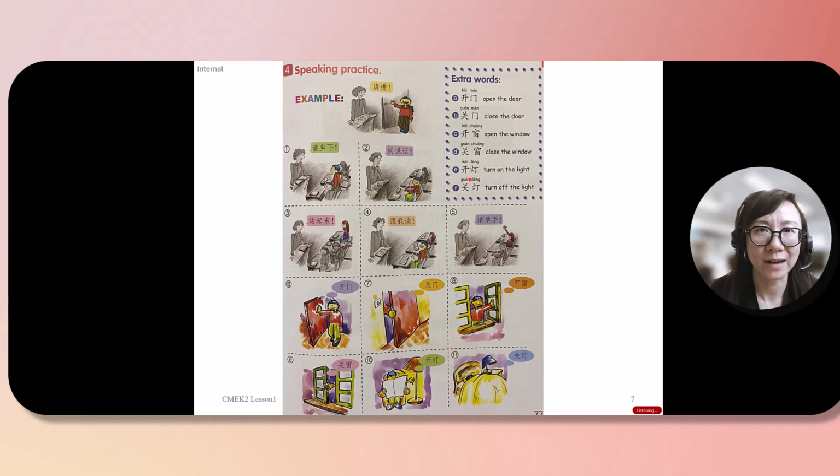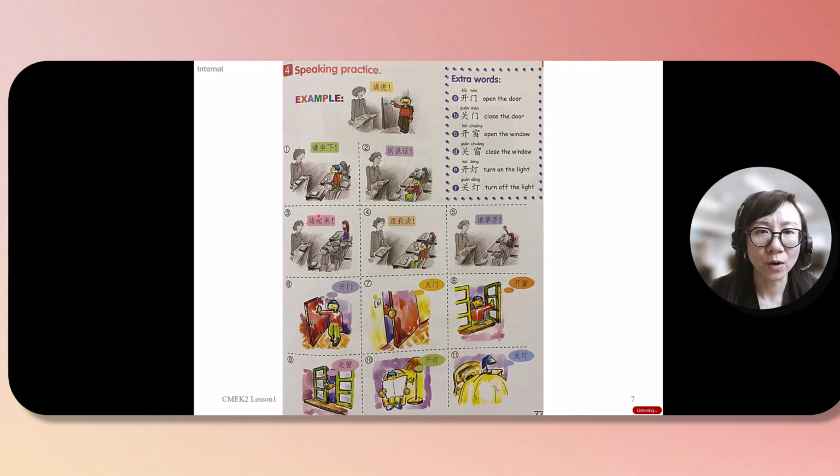We don't change to a different verb, but we just use the same verb 开 for both opening and turning on. Likewise, for closing and turning off, we also use the same verb. That is 关. So for close the door, we say 关门, and to turn off the light, we say 关灯.